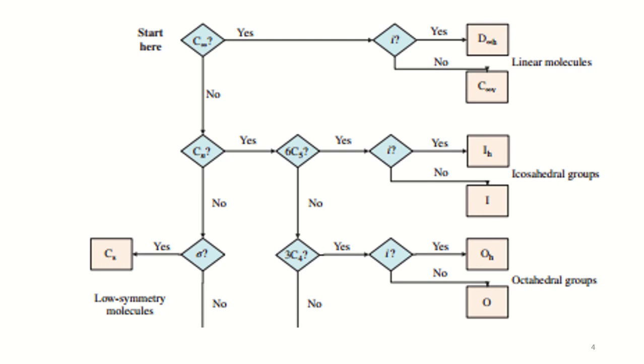A C infinity rotation axis will only occur in a linear molecule. Here we can see this is C infinity, so we start from this flow chart diagram. So there are no C infinity rotations in ammonia. The ammonia molecule does, however, have a principal proper rotation axis, which is C3.